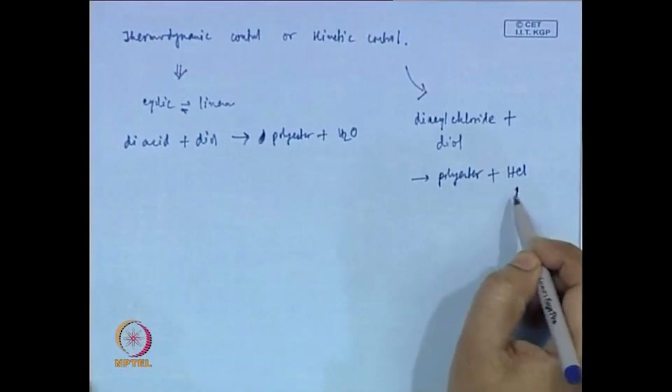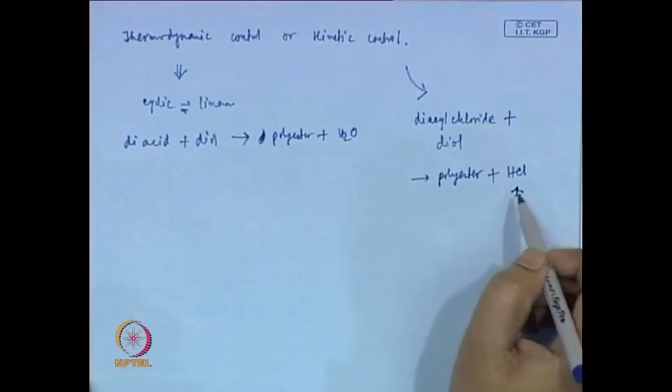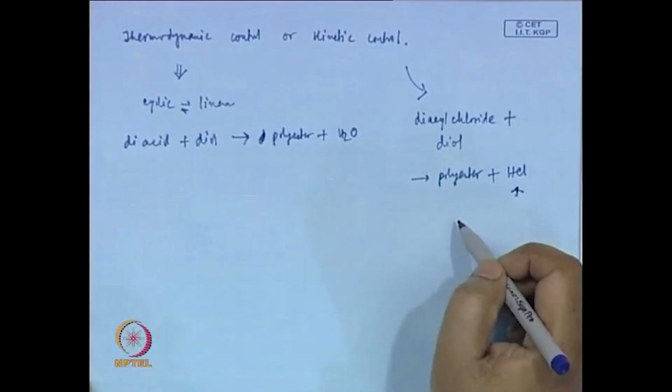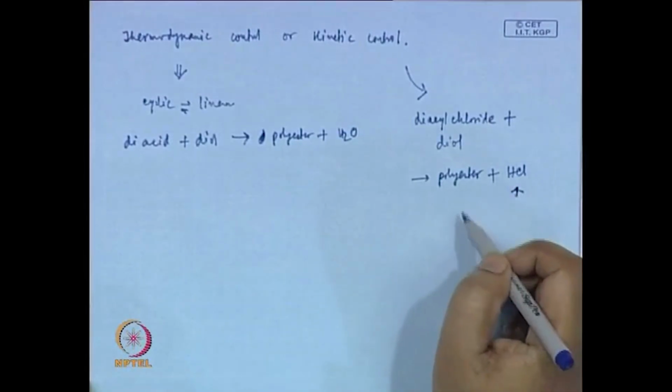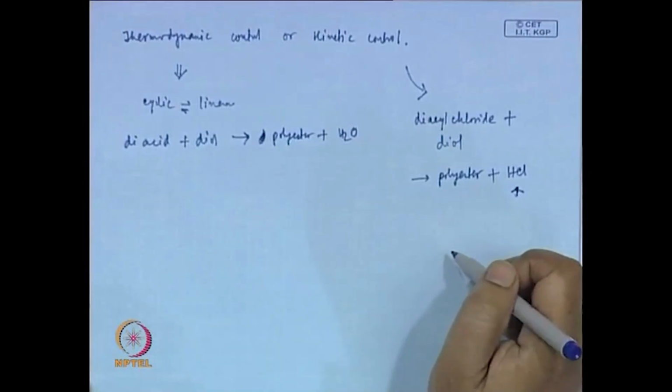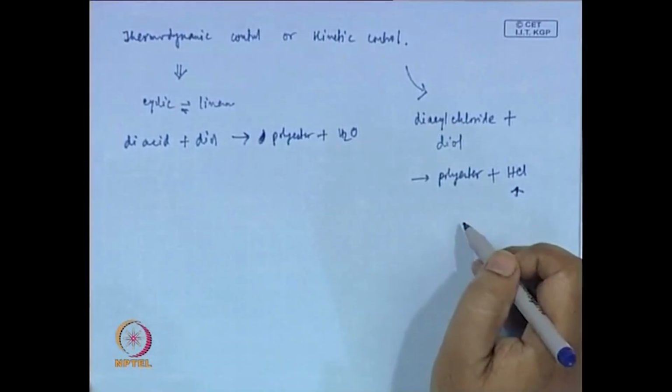Now, HCl does not take part in a reaction with the polyester, whether it is a cyclic or linear polyester, which means that in this case there is no equilibrium present between the cyclic and the linear polymer molecules.